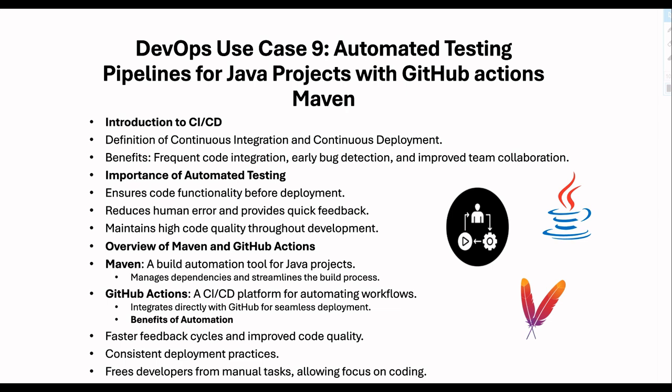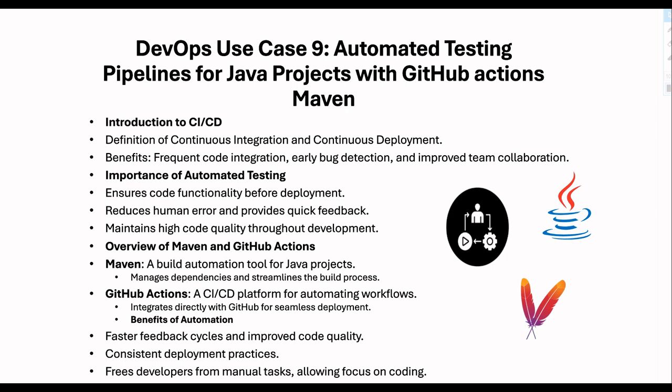We will start with an introduction to CI/CD, where you'll see how automation can transform your development process, moving from manual tasks to automated repeatable steps. Next, we will dive into the importance of automated testing, the secret to catching errors before they reach production and ensuring your code is always top quality.